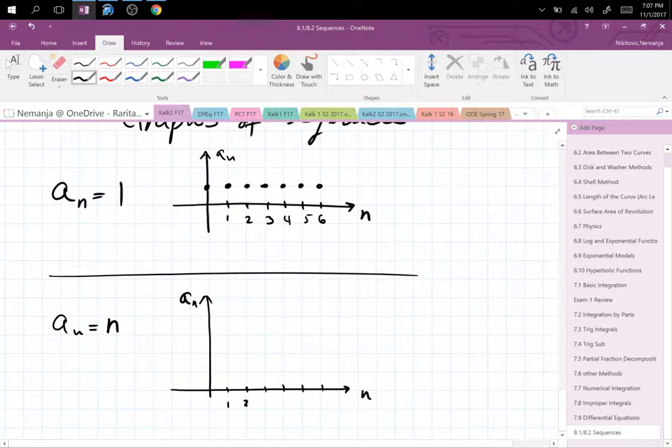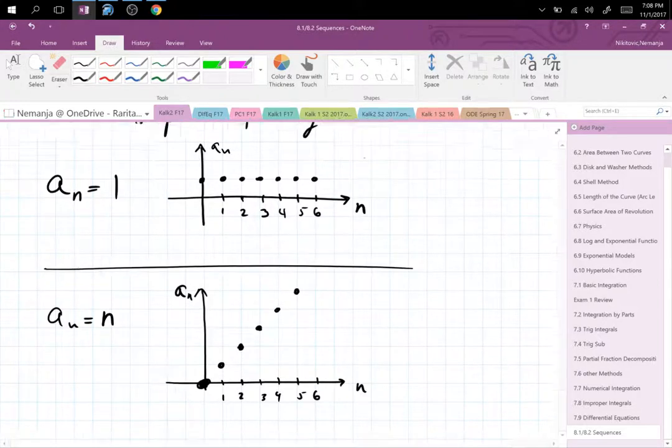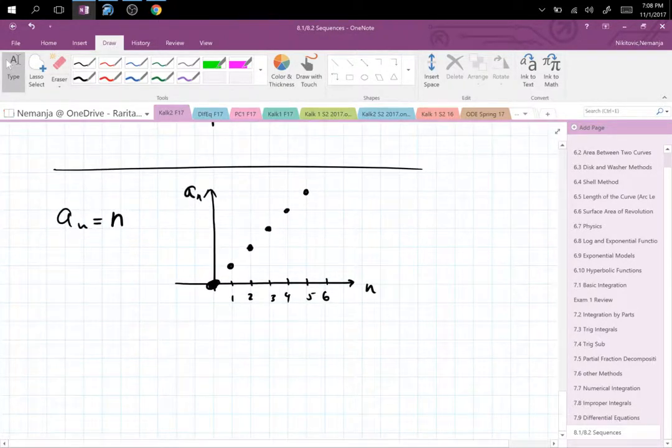So now we have 0, 0, 1, 1, 2, 2, 3, 3, 4, 4, 5, 5, and so on. We don't connect them. We just leave them. This is a discrete set of data. Remember that 1.7 doesn't exist in this universe. There is 1, and then there is 2, and nothing in between. So the space in between remains empty.